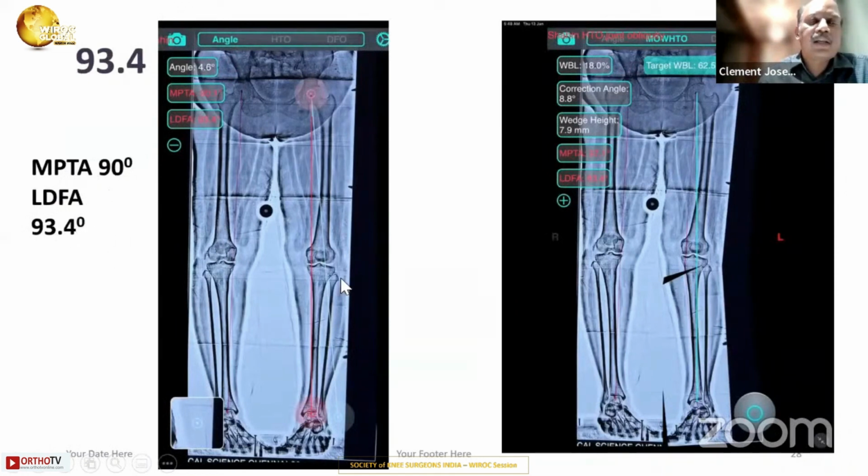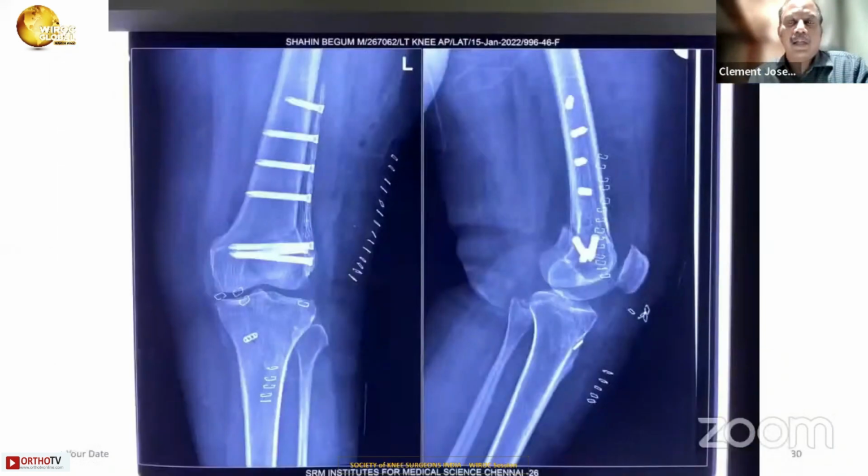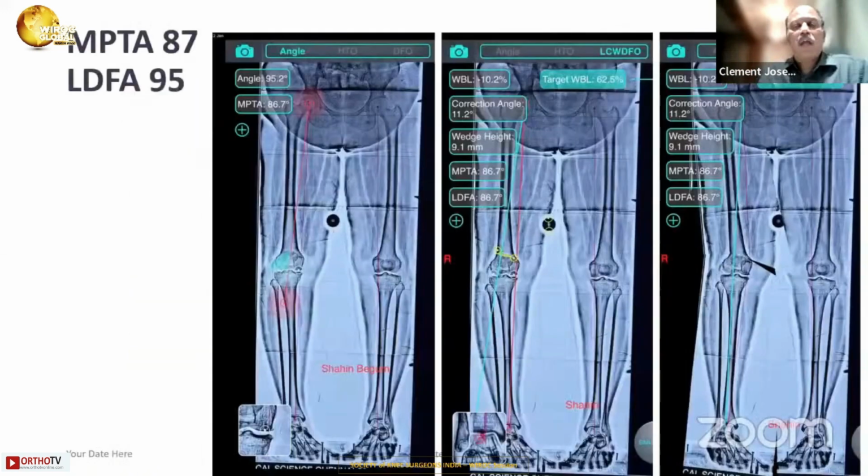In this particular case, the reason for varus is a femoral varus, and if you try to correct the tibia, it will result in an oblique joint line, which is not desirable. Hence this patient had a root repair along with a lateral closing wedge distal femoral osteotomy.